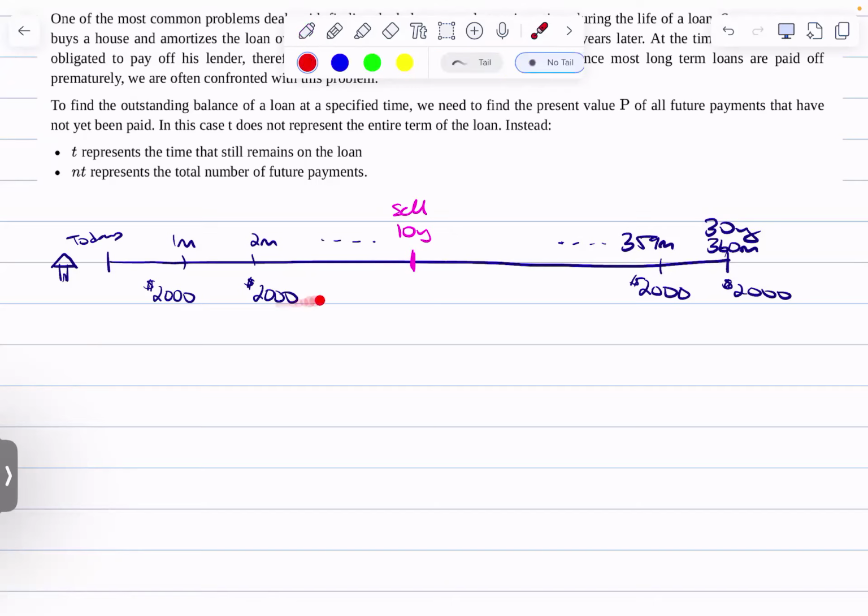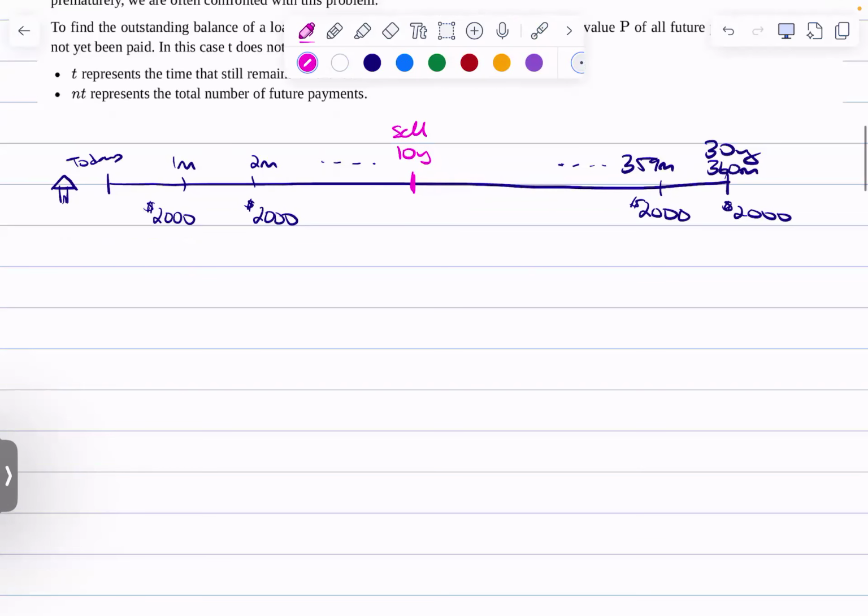Well, up until this point, you've made these payments. You committed to making these payments, and they've been paid. It's these payments here that we still need to figure out the equivalent value of today. Very similar to what we did last day. And so these are going to map back to some present value.